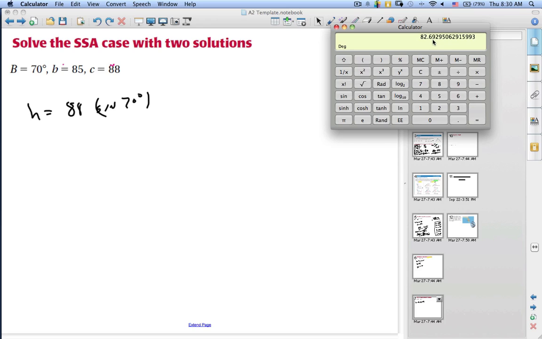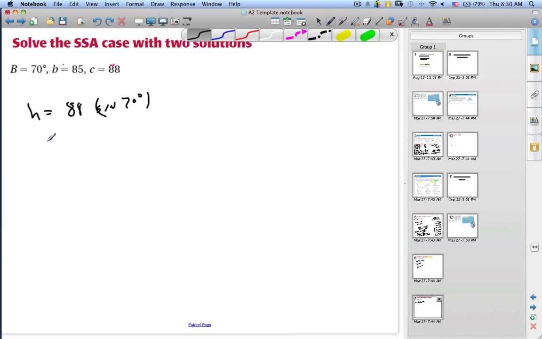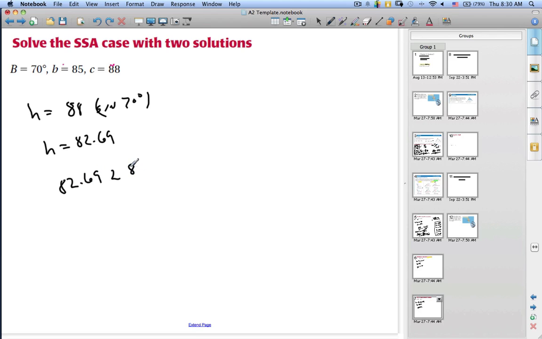It's 82.69. So height is equal to 82.69. So in this case, 82.69 is less than my side opposite, which is 85.